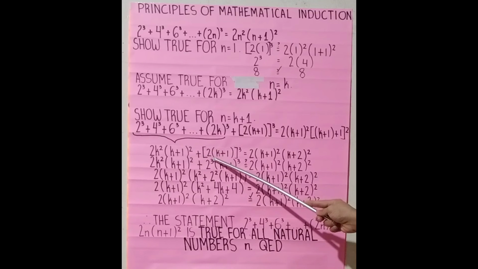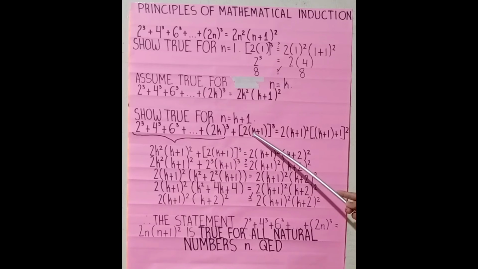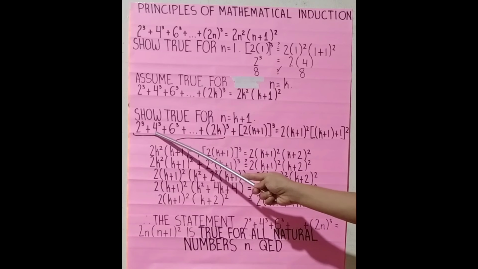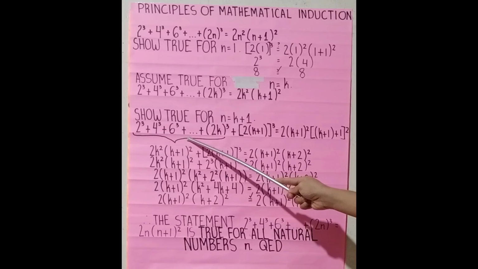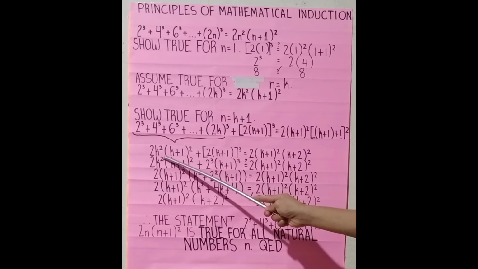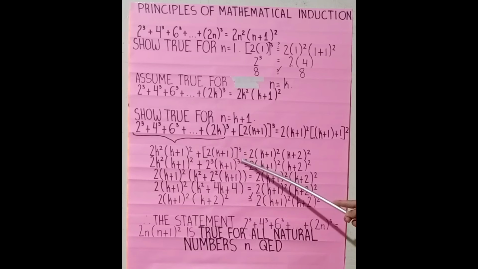This 2 times k plus 1 cube came from here. But this 2 cube plus 4 cube plus 6 cube plus ellipsis plus 2k cube is equivalent to this. So on the right side, we copy 2 times k plus 1 squared times k plus 2 squared. It became k plus 2 squared since 1 plus 1 is equal to 2.